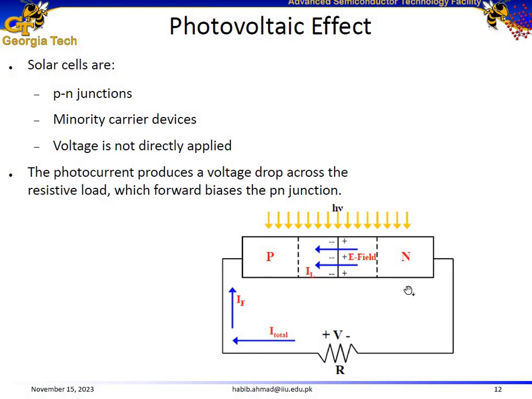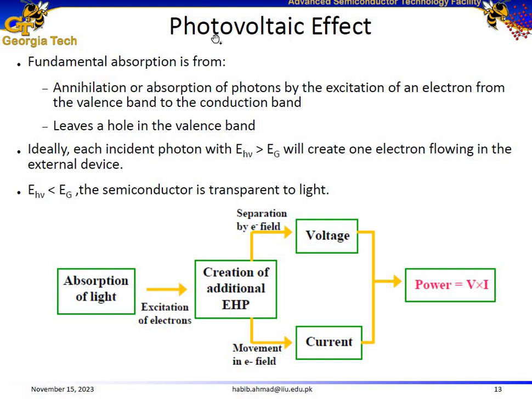Separation of these results in voltage, and the movement of these carriers results in a current. Once again, the concept of the photovoltaic effect is described with the help of this block diagram. Absorption of light results in the creation of electron hole pairs, separation results in voltage, and their movement results in current, and the product of the two results in electrical power.